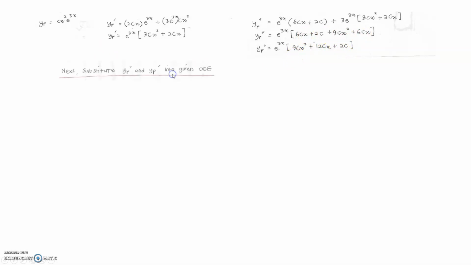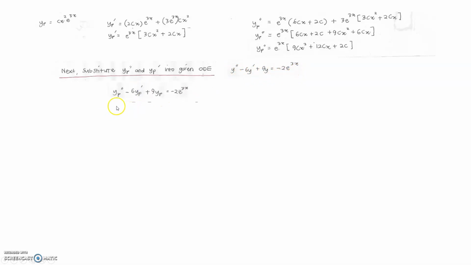Next, once you get your yp, yp prime, and yp double prime, you can substitute all these three into the given ODE. Based on the question, the ODE is given by y double prime minus 6y prime plus 9y equal to negative 2 exponential 3x.